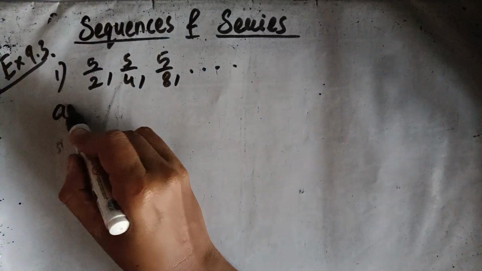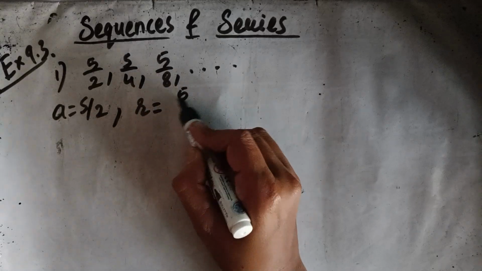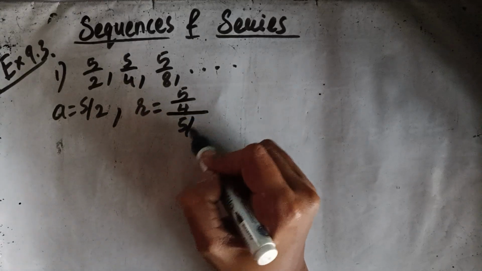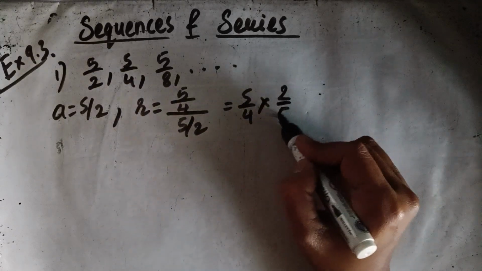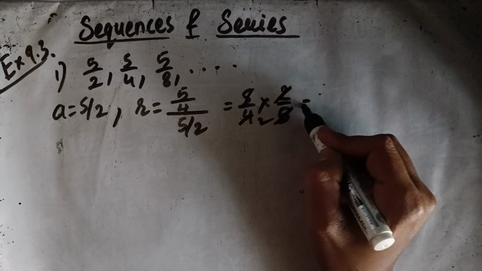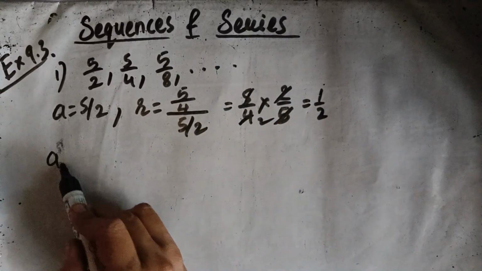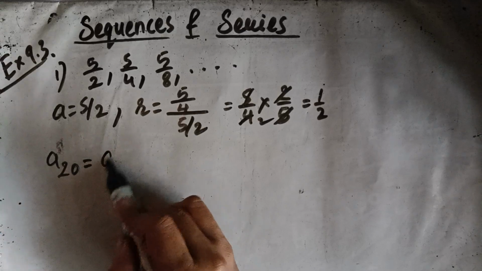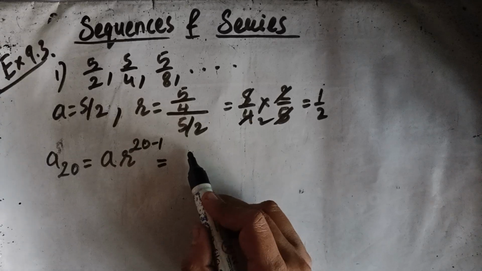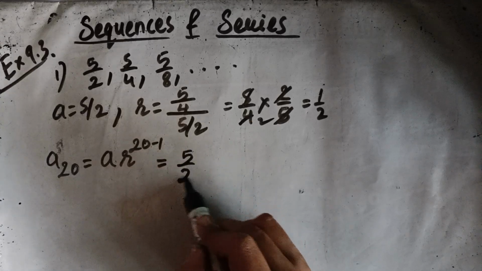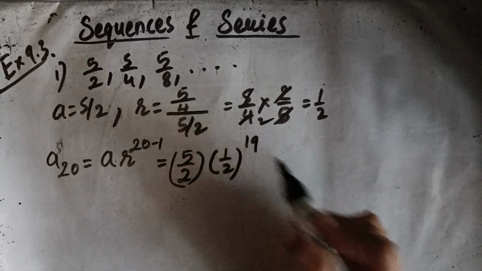Our first term is 5 by 2 and the ratio is 5 by 4 divided by 5 by 2, which is 5 by 4 into 2 by 5, so it is half. So a20 is a r raised to 20 minus 1, where a is 5 by 2 and r is half, raised to 19.